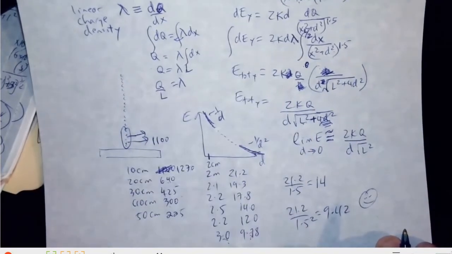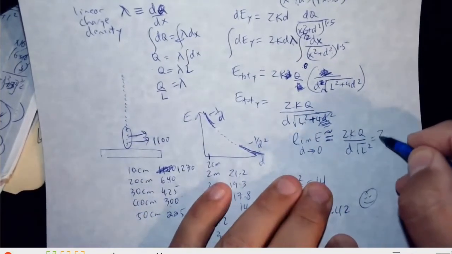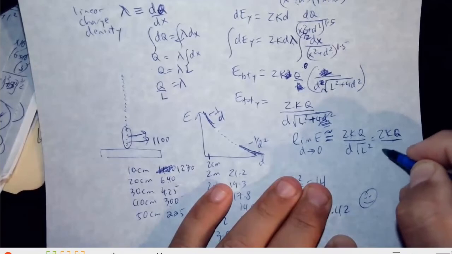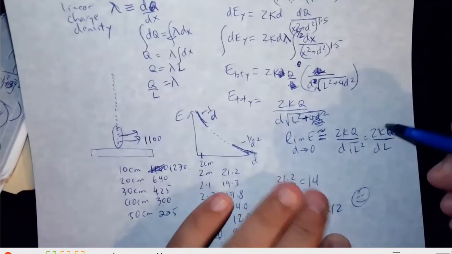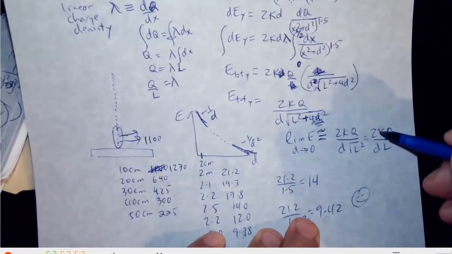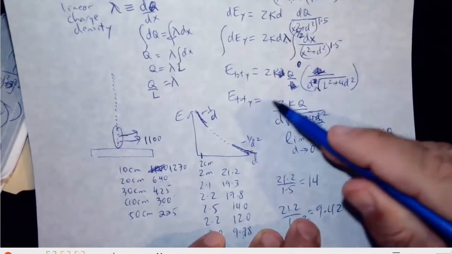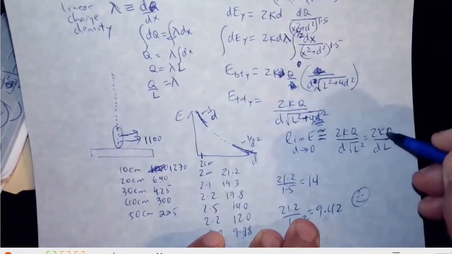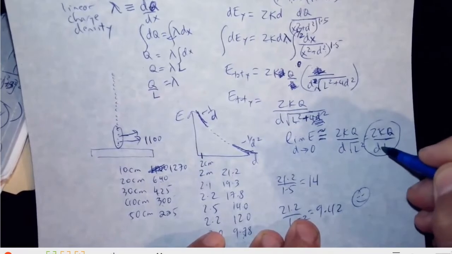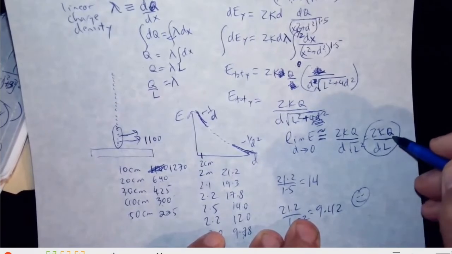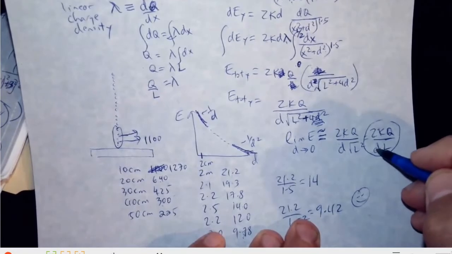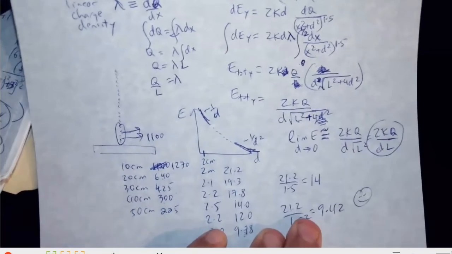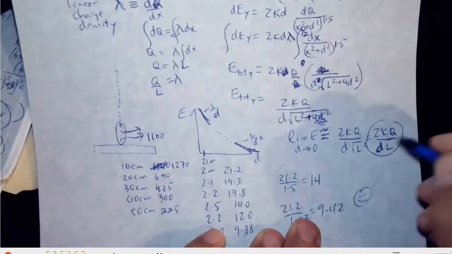So then that's going to be 2kq over dL. So basically, the behavior of the electric field when I'm near the rod, even though this is the general equation, we could also approximate it by this equation when d is small. So it's 2 times the k value times the charge over the length of the rod and d. There you have it. That's the proof of the linear behavior of the electric field.